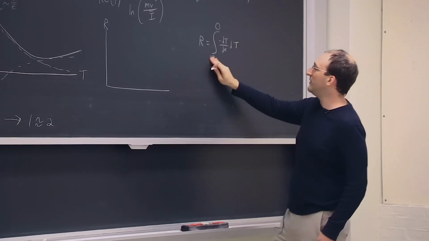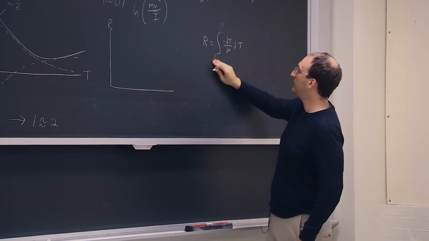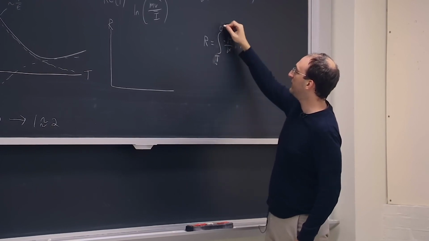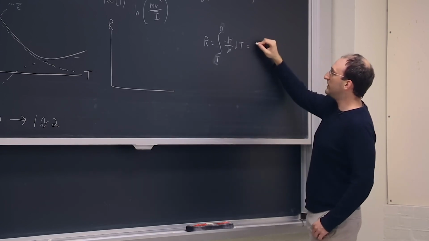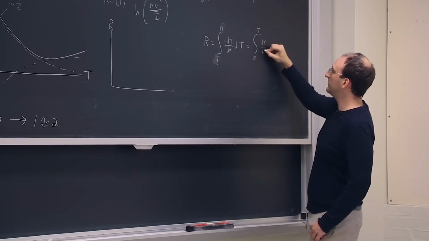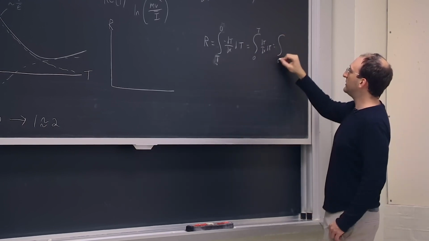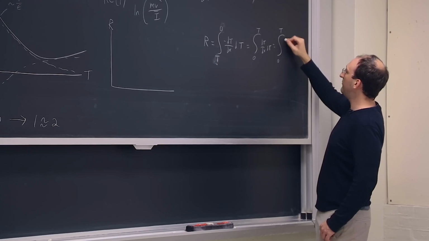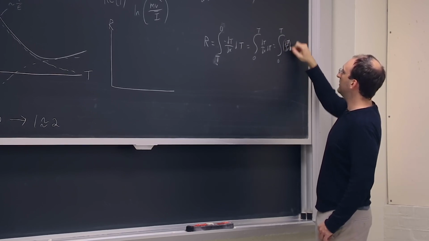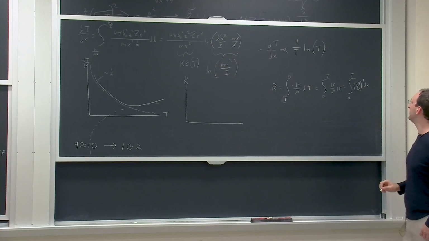Or you can switch your limits of integration. Let's see, no, I'm sorry, I'm not going to switch those limits of integration yet. Which is like saying from 0 to T of dT, dT over dx to the minus 1, dx.